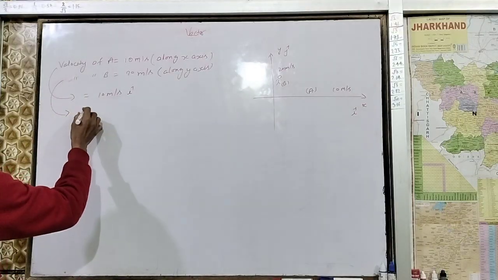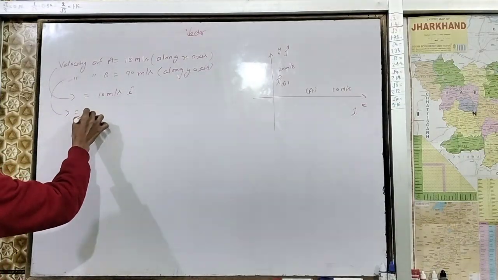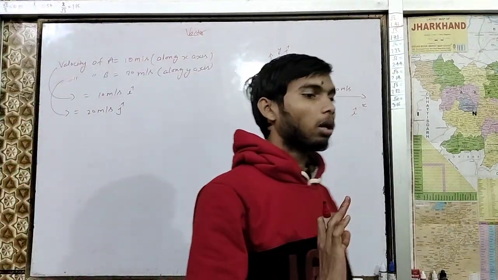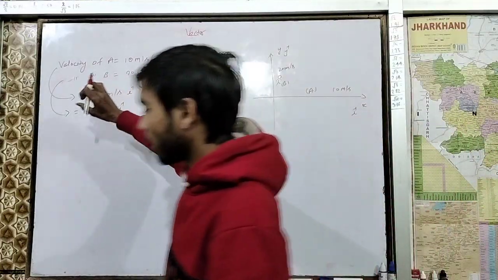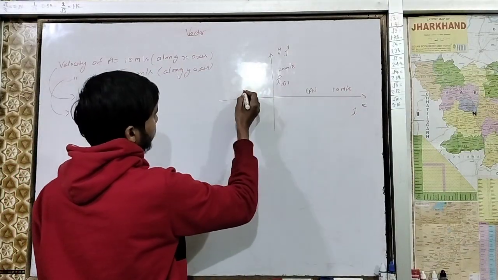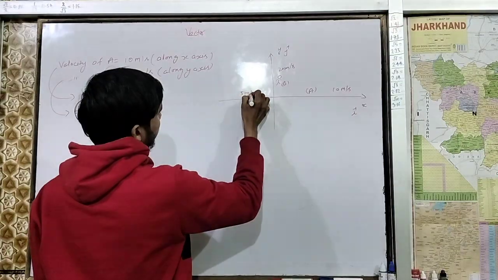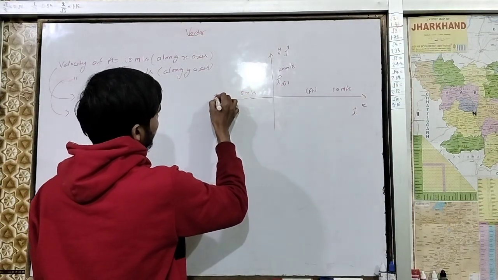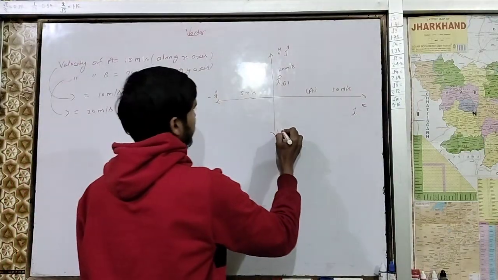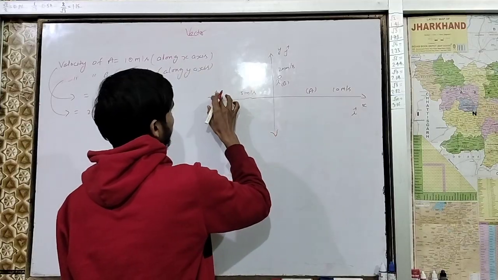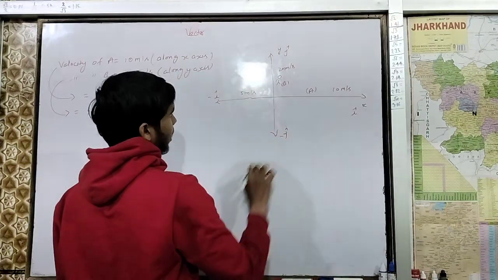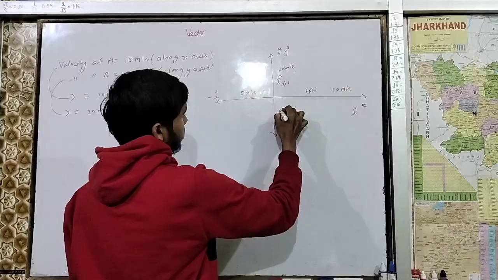Now for this, 20 meter per second j cap, vertically it is going above. We have an addition sign over here. Now what if, let's say, it is going this side with 5 meter per second? So this will become our minus i cap. And this one is negative, 6 meter per second.